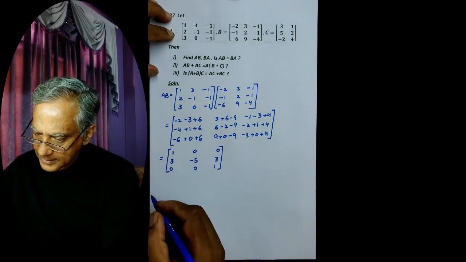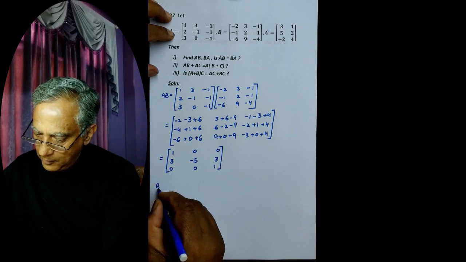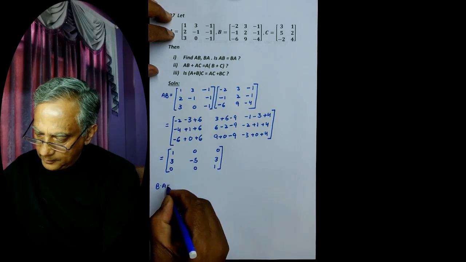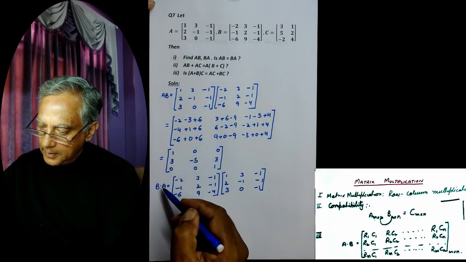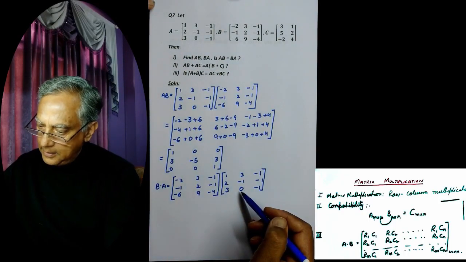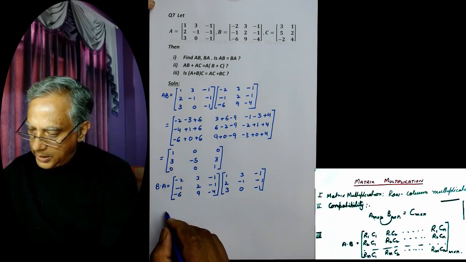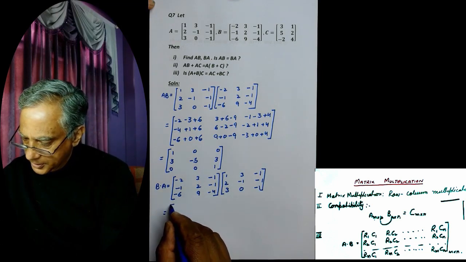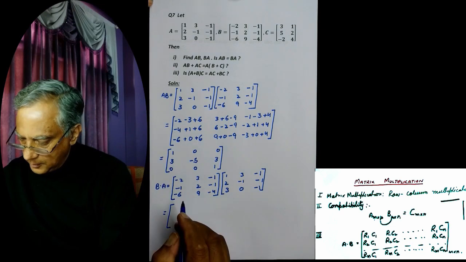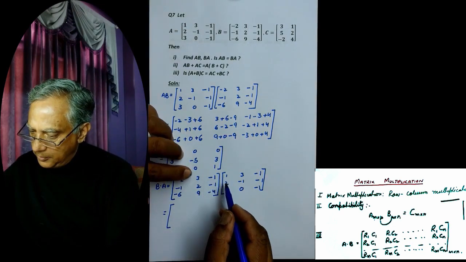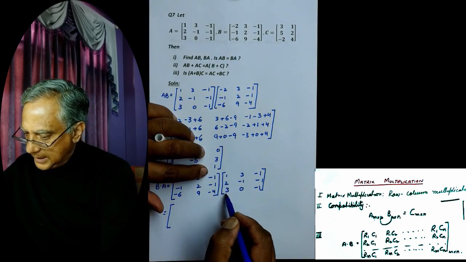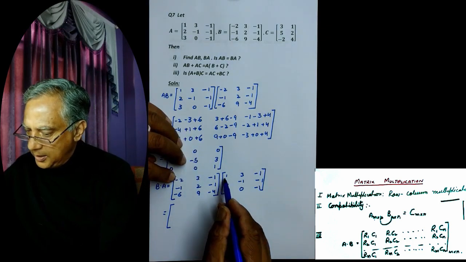Now we find BA. Now B is this much, and A is this much. We carry out the multiplication. Now first row with first. This will be minus 2 plus 6 minus 3.